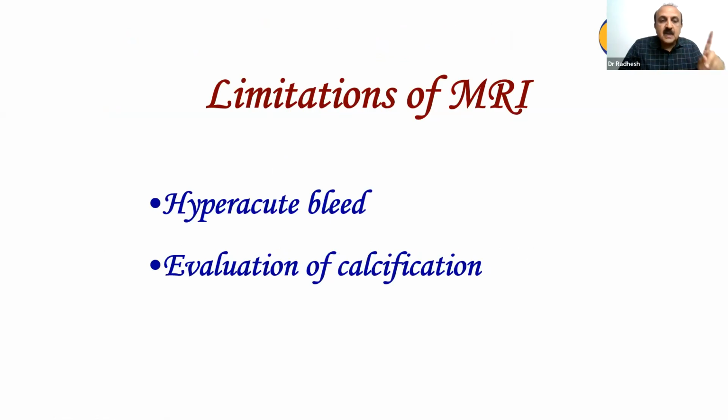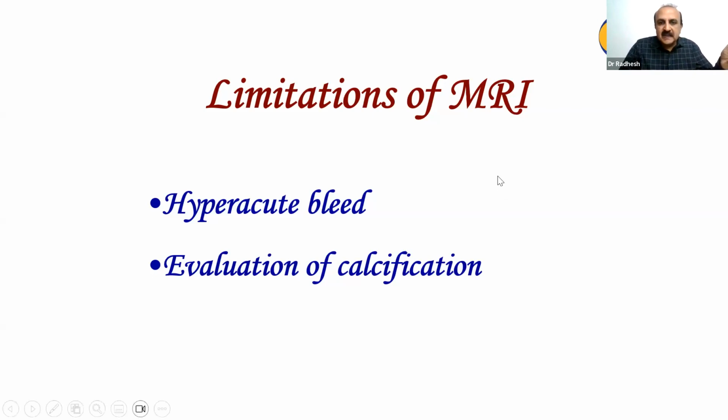It can still pick up acute, subacute, or chronic. But when it comes to hyperacute bleed, MR is a poor modality to detect. Second, you're wasting time. MR will take at least 15-20 minutes. Though we use sequences which are faster, still it will take more than 10 minutes, 10 to 15 minutes. So there is no point in wasting time.